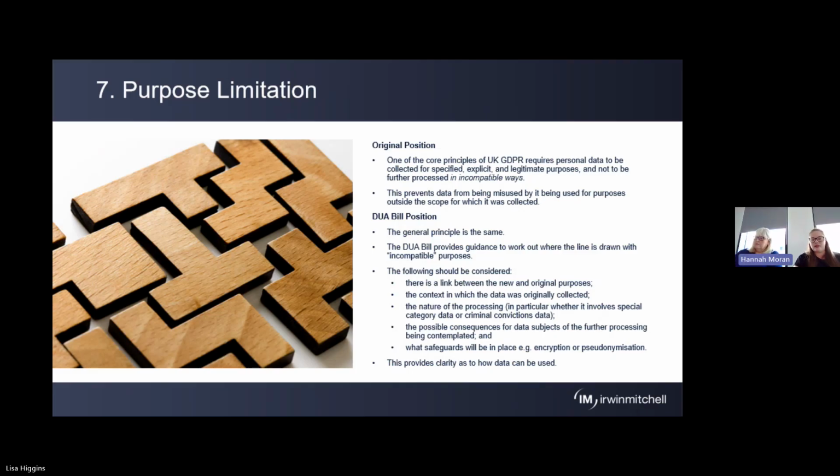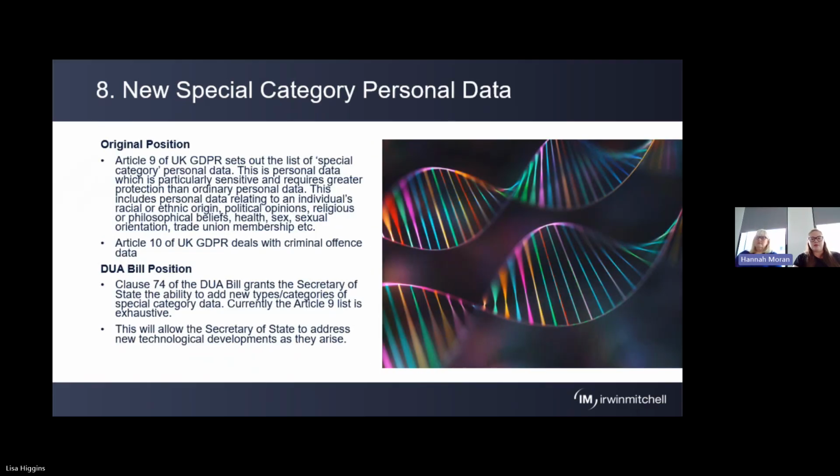So moving on to the next slide, which is about new special category personal data. As you may be aware, Article 9 of UK GDPR sets out different types of special category personal data. This is personal data which is seen as particularly sensitive, and therefore it requires greater protection than your ordinary personal data like name, address, contact details.